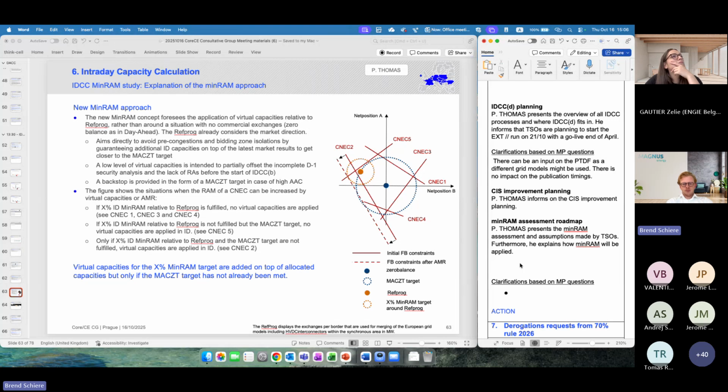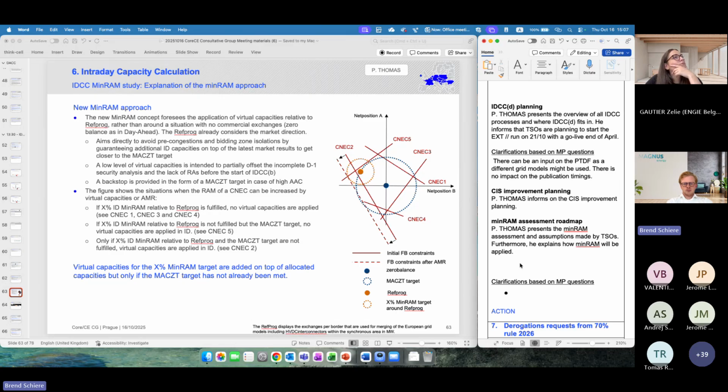One of the main objectives of this is to really avoid or minimize the pre-congestion and build-on isolations by allowing or guaranteeing these additional 5% of MinRAM. You can see it here on the right side.